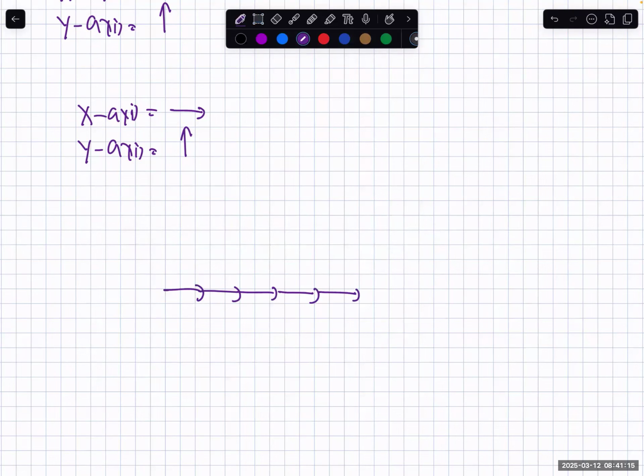And I can turn them around. Here's my y-axis vectors. So if I stack these up, that's the x-axis, that's the y-axis, and every one of those vectors gives me a tick mark.